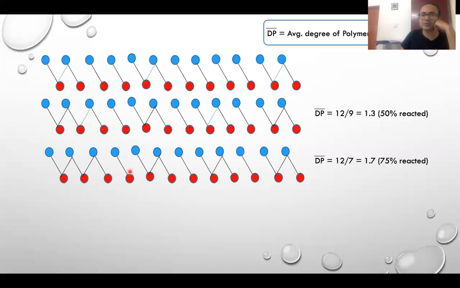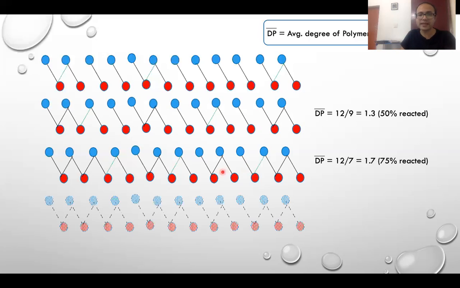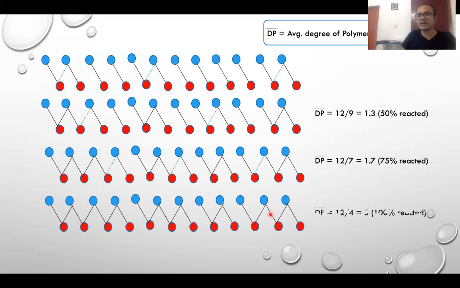Now, suppose we react the rest of the monomer molecules. After 100% of the reaction, we count the number of molecules: 1, 2, 3, 4, and we calculate the degree of polymerization. It is 3. So after 100% of the reaction, the degree of polymerization value is 3.